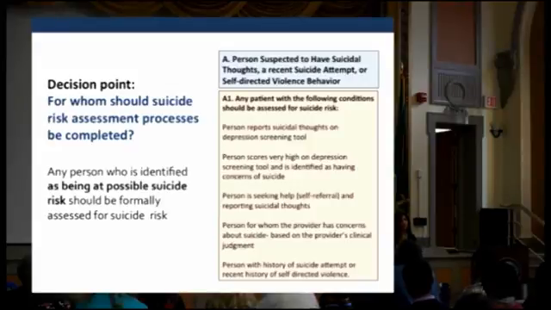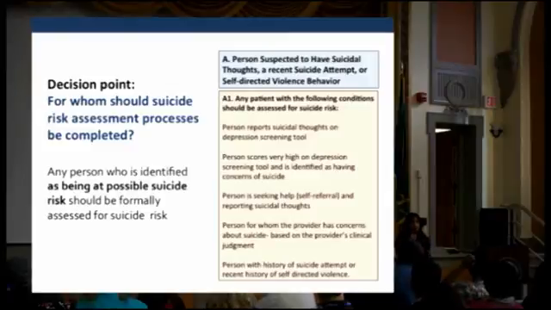If that is triggered, that can let you know who you need to initiate the rest of the risk assessment processes for. If they screen positive for other diagnoses, and depending on their history, if they're presenting to you with what we call passive thoughts of just wanting to be dead, or actual suicidal ideation, these are all things that would trigger a more comprehensive evaluation.